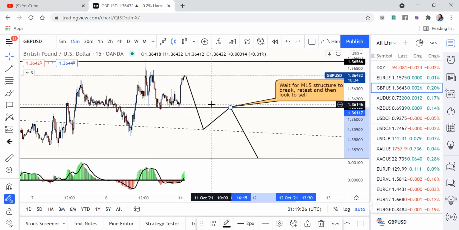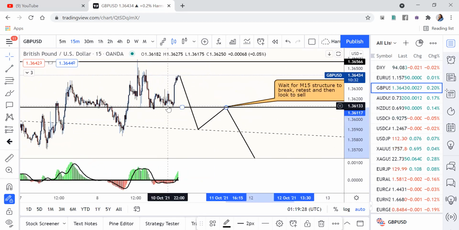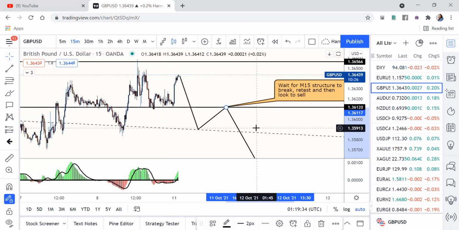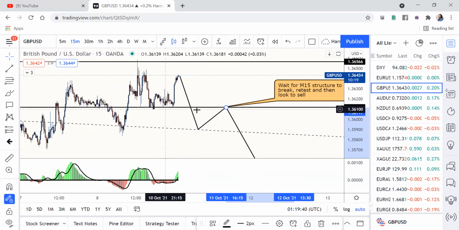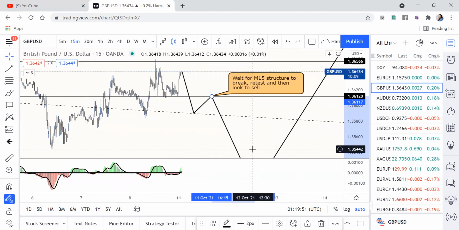My advice is set an alert at 136, 120, so that we will know that structure is broken. So what you're waiting on is for 15-minute structure to break, retest, and then look to sell.